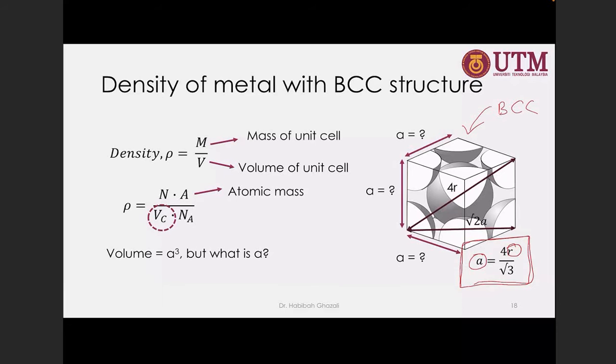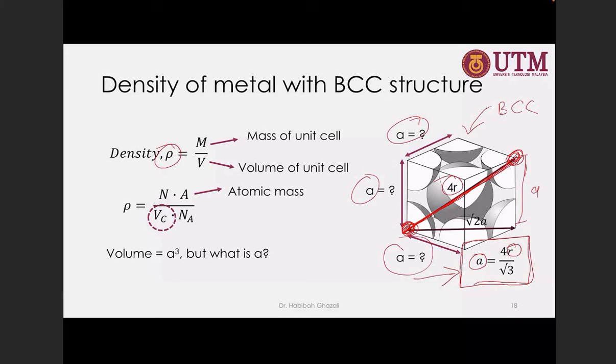Try to look at how the atoms are arranged and try to relate this lattice constant with the R, where if we look at this structure, the distance between this point and this point gives one relationship, which is that the length of this structure is 4R. So sometimes you need to derive this.